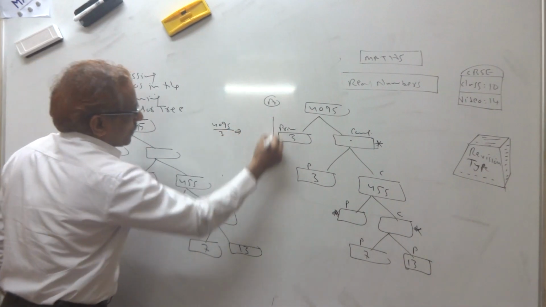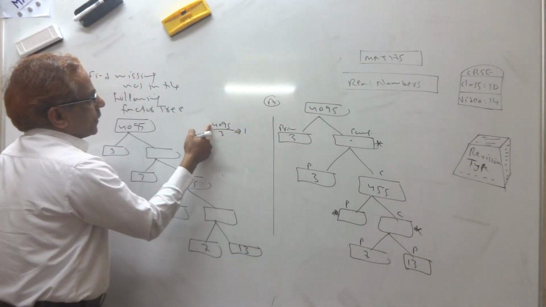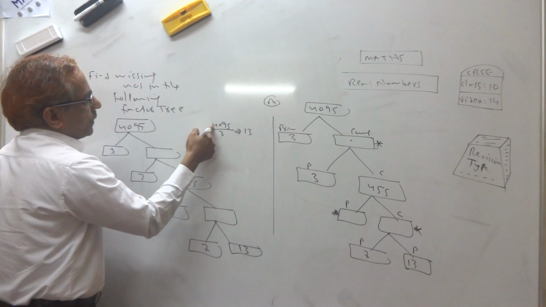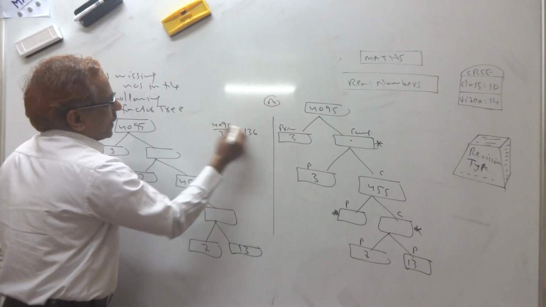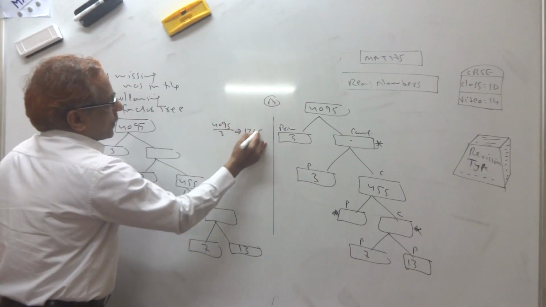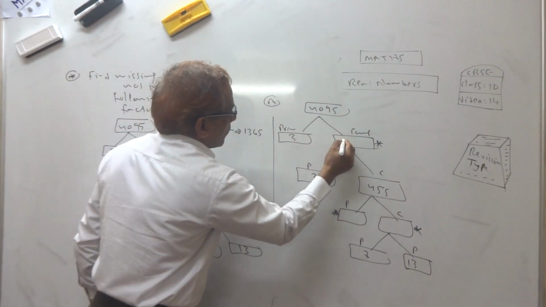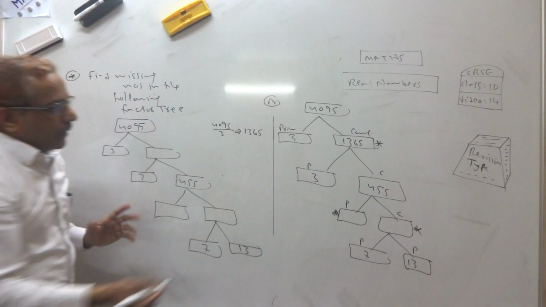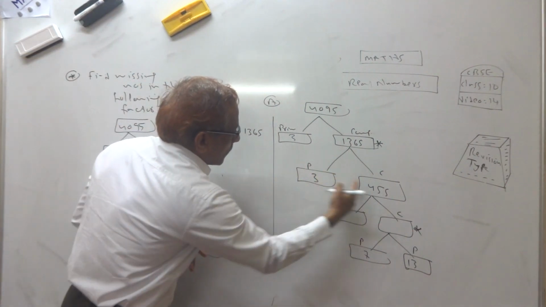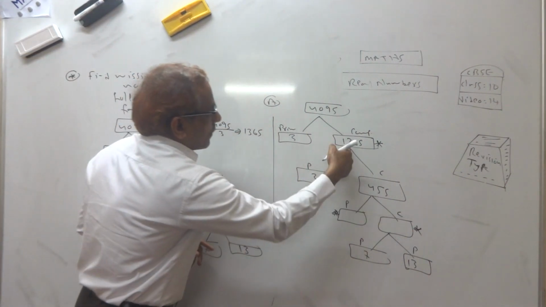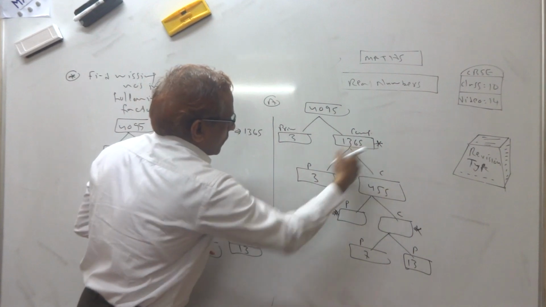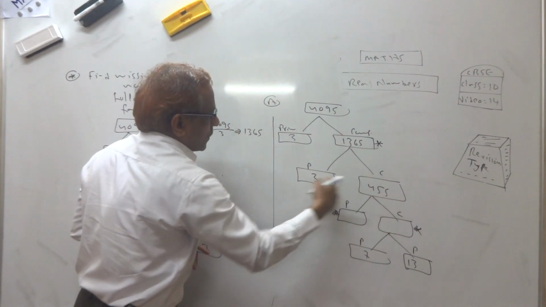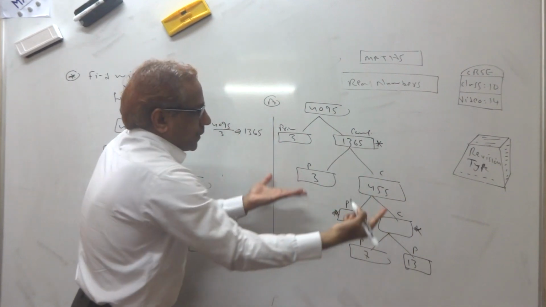How much? 3 ones are 3, 3 threes are 9, 3 sixes are 18, 3 fives are 15. So what I am getting is 1365. Clear? If you multiply these two, you will get the same. 3 fives are 15, 3 fours are 12, plus 1, 13.